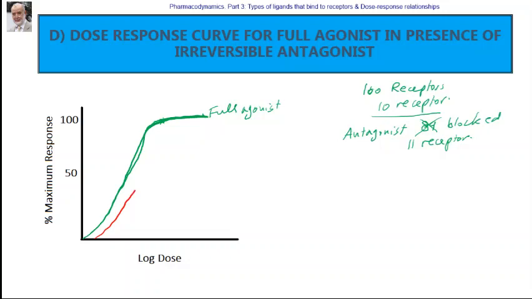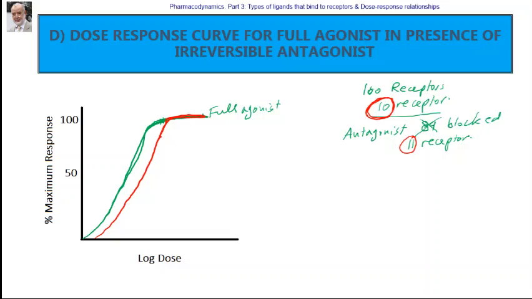By increasing the dose, the response will increase, and we still see a maximum response. Why? Because we said maximum response can be achieved by the agonist by occupying only 10 receptors, and there are 11 receptors available. So the agonist can still produce maximum response. Okay? This is the first assumption.